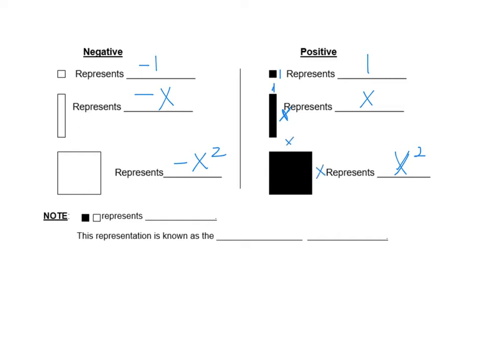Well, what's x times x? X times x is going to be x squared. So that's how we got x squared here. And we know that x times x is x squared because x is any number, and x times x means any number times itself. 3 times 3 is 3 squared. 4 times 4 is 4 squared. X times x is x squared.